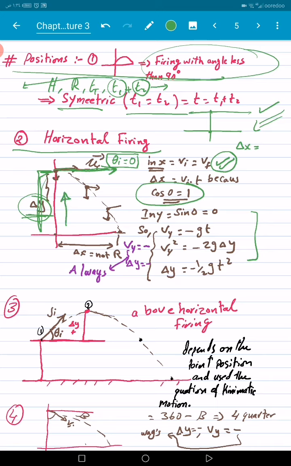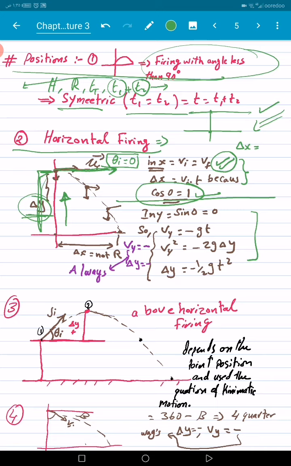So I have this distance above the ground, and I fire with an angle, and in this second part the angle is horizon, that means the angle is 0. In horizontal, cosine 0 is equal to 1, so my equation works, there is no problem.